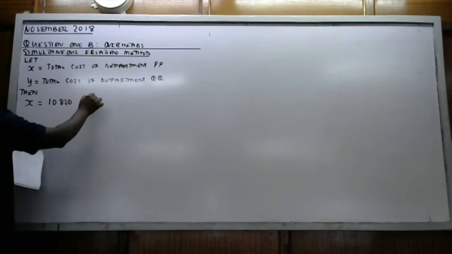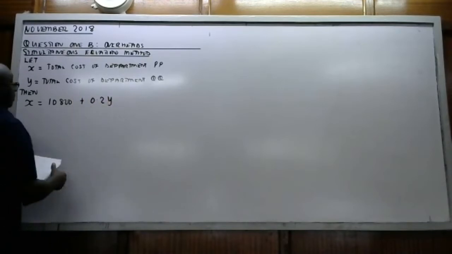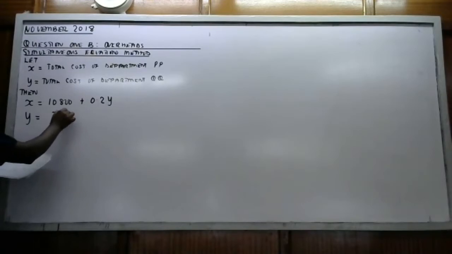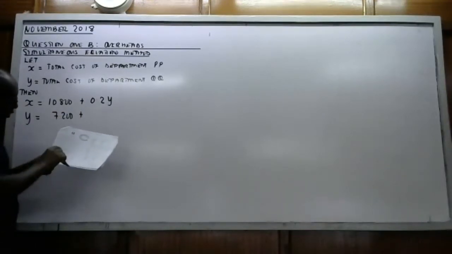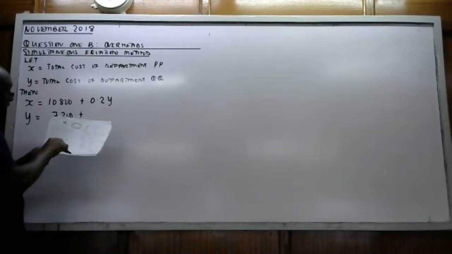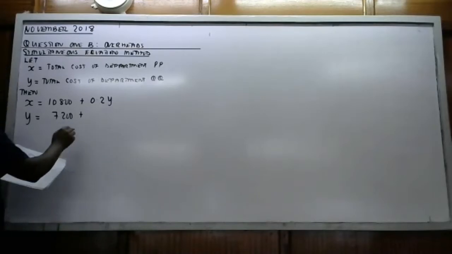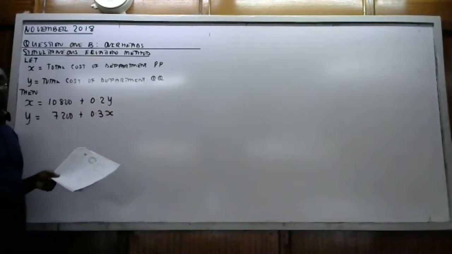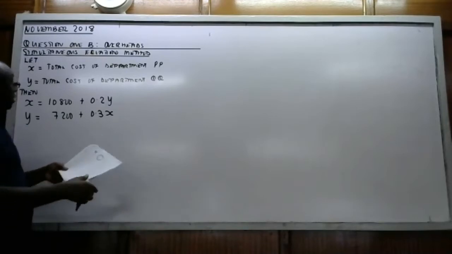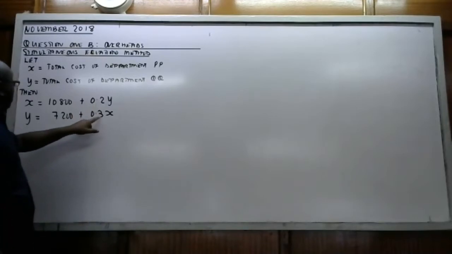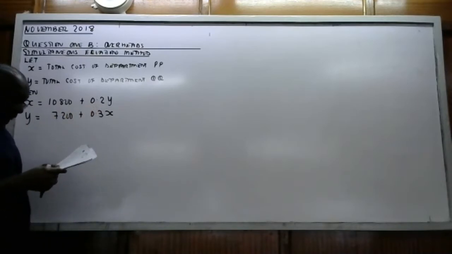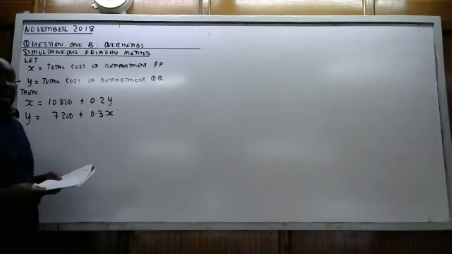So it's going to be 0.2Y. And then Y, you take the cost that is there, 7,200, plus, if you follow PP now, you will see it will give QQ 0.3. So 0.3X. You can see these two are opposite of each other.